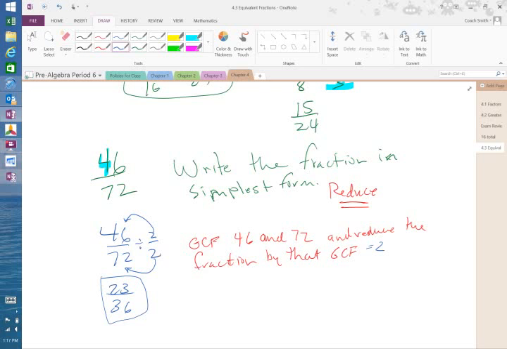Now, what we want to make sure is, are there any other common factors between 23 and 36? No, because 23 is prime, so 1 and 23 are the only things that will go into it. And 23 doesn't go into 36. So therefore, that's as low as it'll go. So how do we know if something's in simplest form?